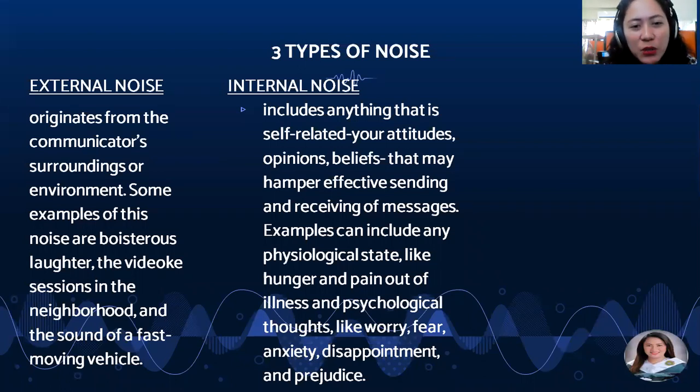So, for example, in my case, I am discussing to my students, and my students are all hungry, the tendency is that my students will not be able to totally comprehend what I am trying to discuss because they are all hungry and they need some snacks. So that's an example of internal noise. Or I am talking to somebody who is not in a good mood. So still that's an interference in the communication process.